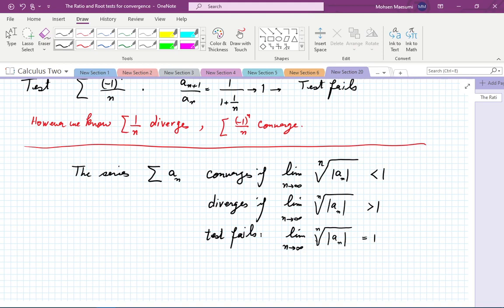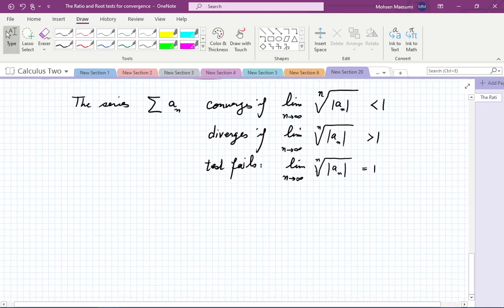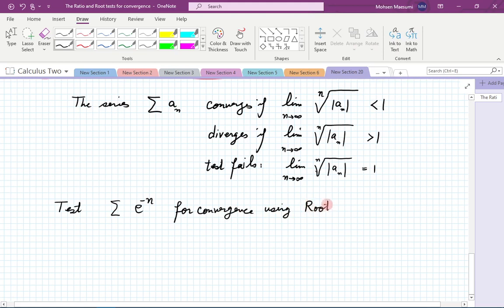Okay, what would be the simplest of this? Let's do an extremely simple case. Sum of exponential of minus n.